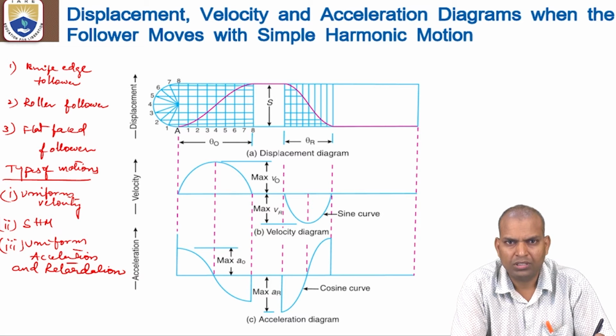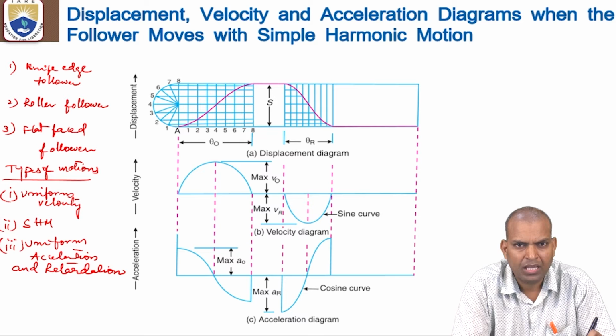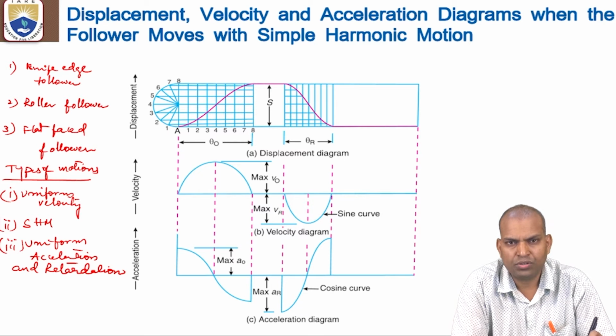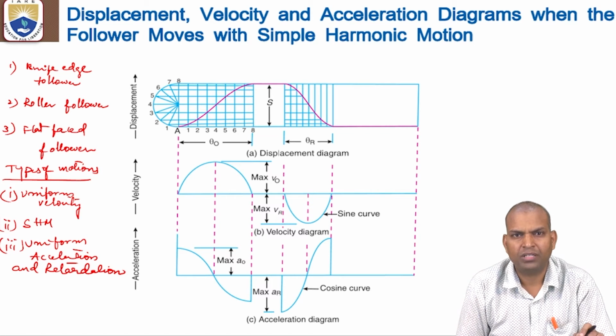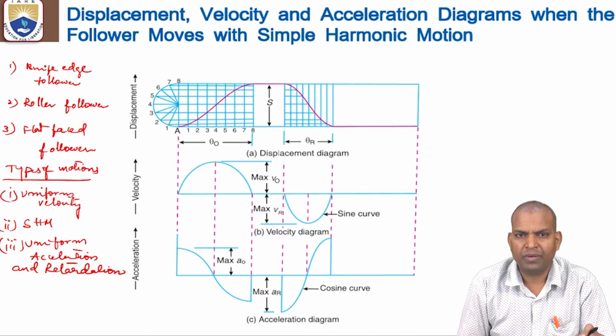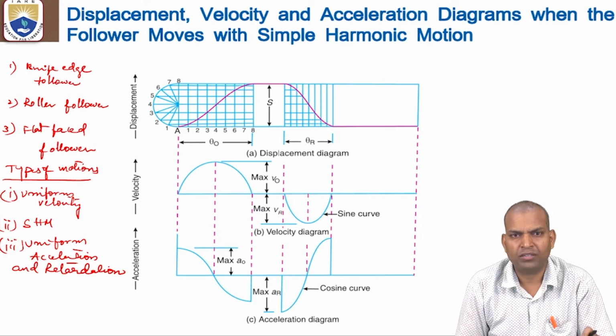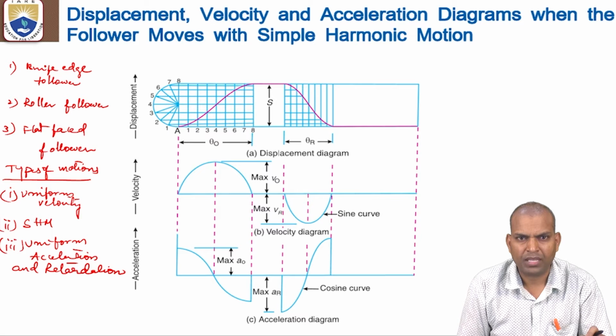During outstroke, the angle of rotation of the cam is so and so angle. During return stroke, the angle of rotation of the cam is so and so angle. Between outstroke and return stroke, there is a dwell position. For that small portion of the angle of rotation, say 30 degrees or 60 degrees, the valve remains in the same position.